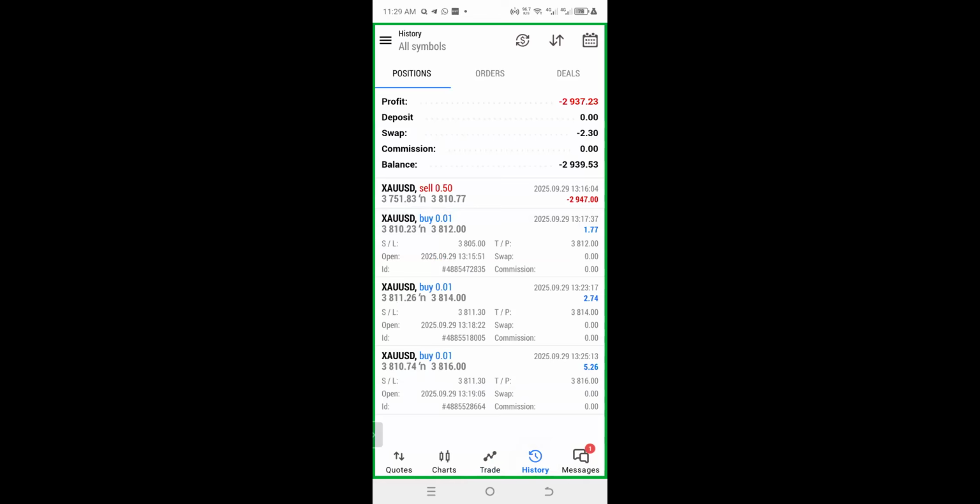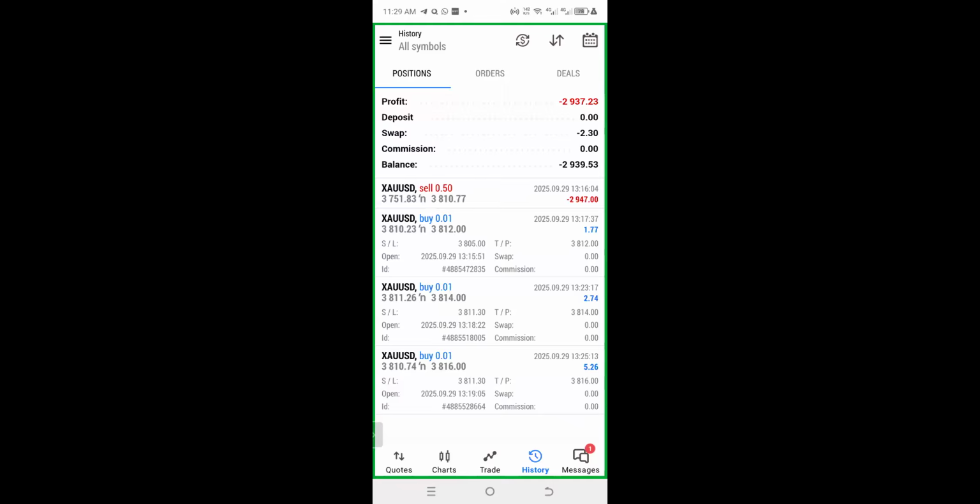The one I brought to 38.11.30, because my initial stop loss was 38.05. So when the first one delivered profit, I did a break even by taking everything to 38.11.30, so that in case the market wants to go against me or take out my profit, it will not go below 38.11.30.